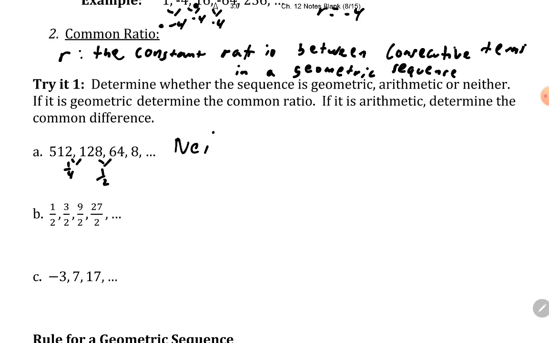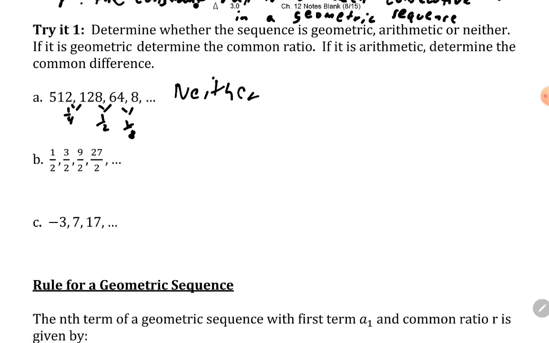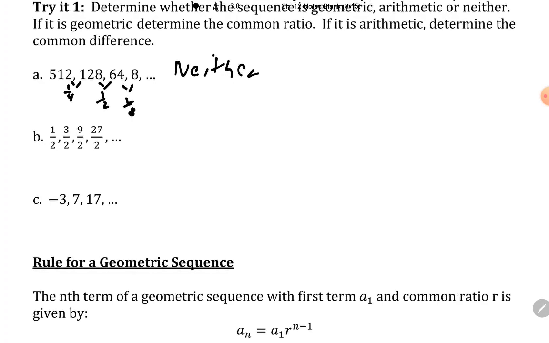So this is neither, because this is going to be 1/8. You can see a pattern going on there. Multiply by 1/4 and 1/2. And actually, no, it's not a pattern. It's neither.